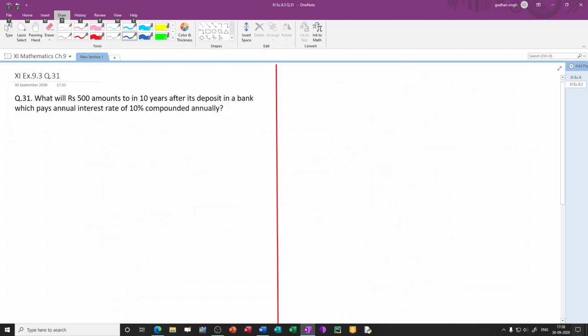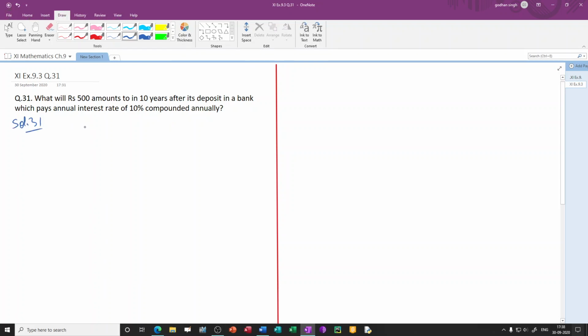Question number 31. What will rupees 500 amount to in 10 years after it is deposited in a bank which pays annual interest at 10% compounded annually? Solving 31.